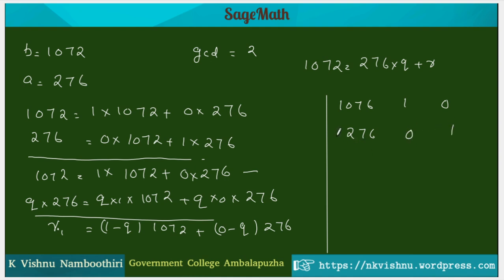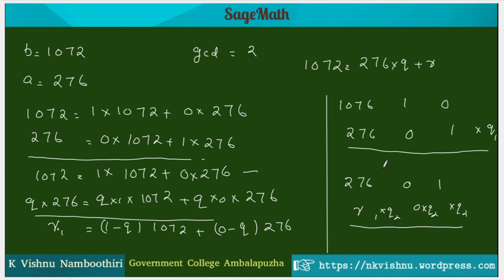To perform the multiplication, multiply this row with q, and then we get a result. The next remainder is again a linear combination of 1072 and 276, and we keep on doing like that until we get the remainder equal to 0. This is the procedure that we want to follow.